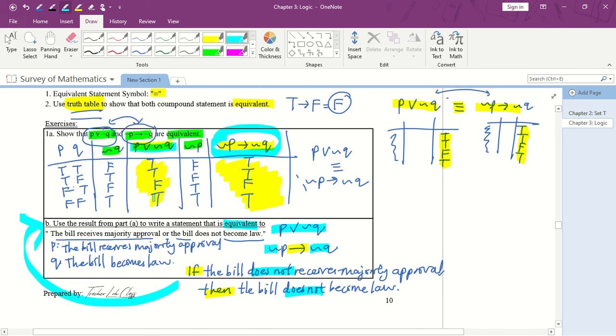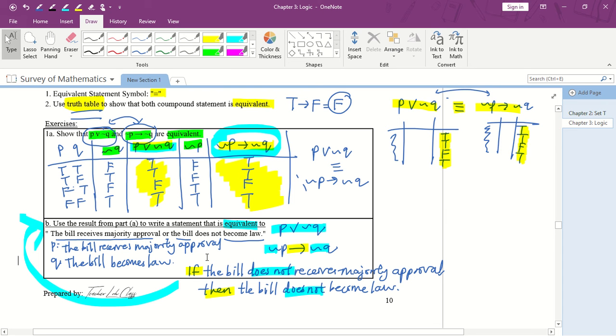So when you want to write an English sentence and you don't know whether it has the same meaning or not, you can use the truth table to prove it. And we are done for 1a and 1b.